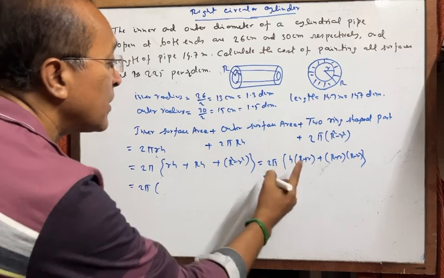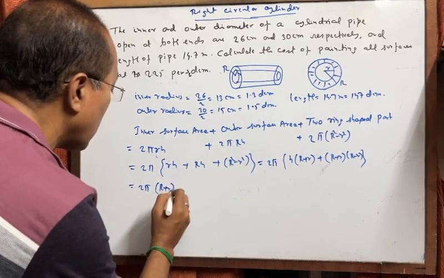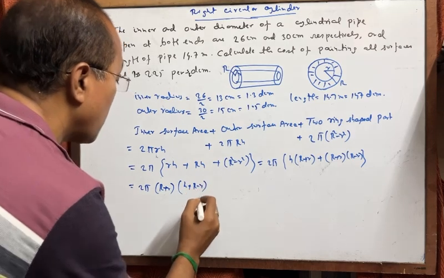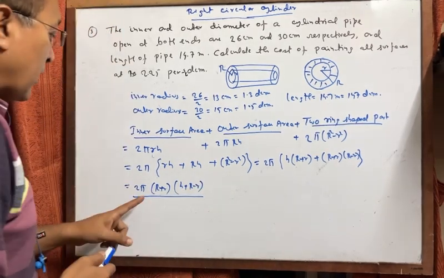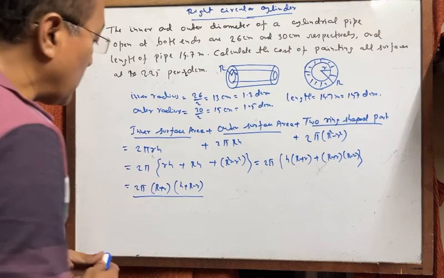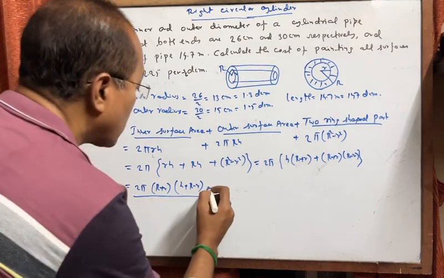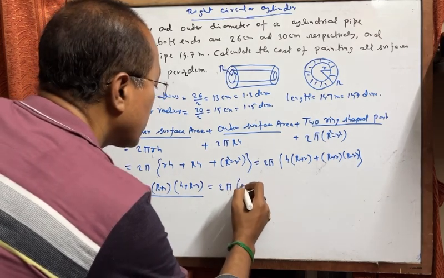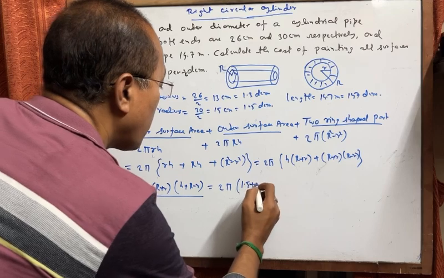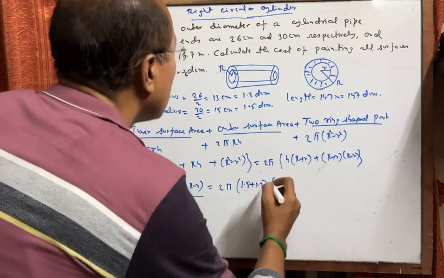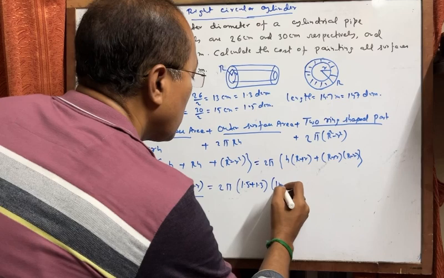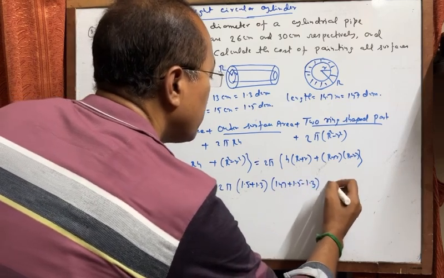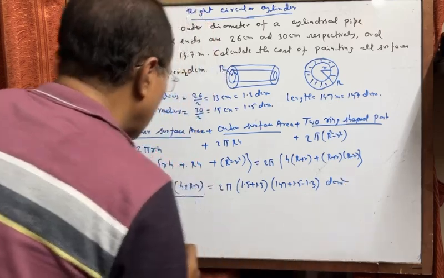2 pi, taking capital R plus small r common, we are getting h plus capital R minus small r. After putting all the values, we have found 1.5 plus 1.3 into 147 plus 1.5 minus 1.3 square decimeter.